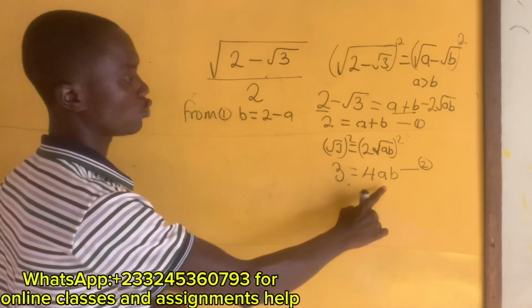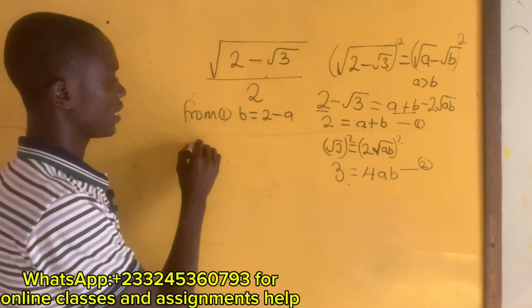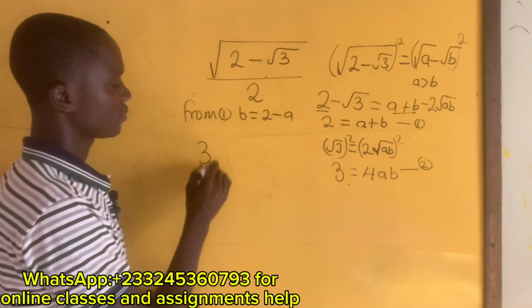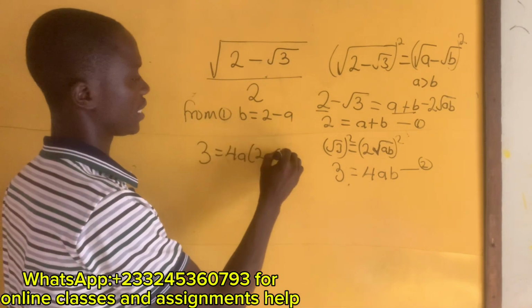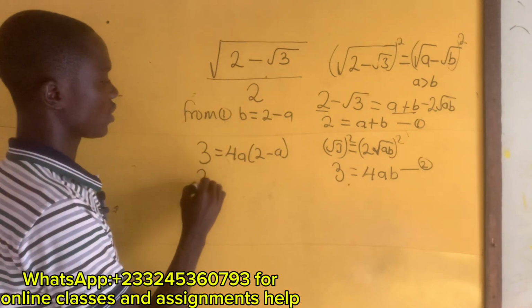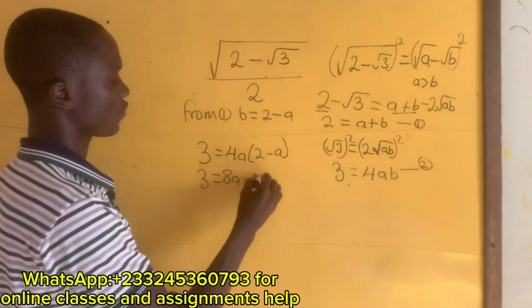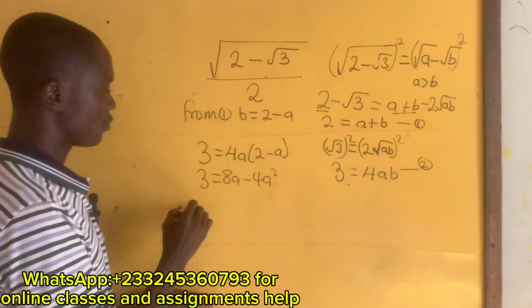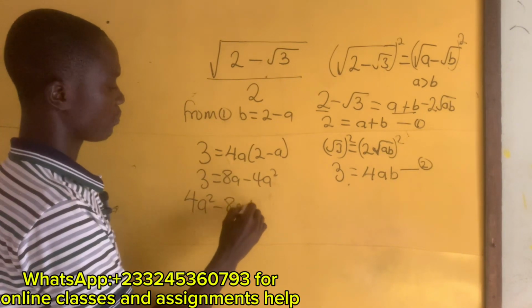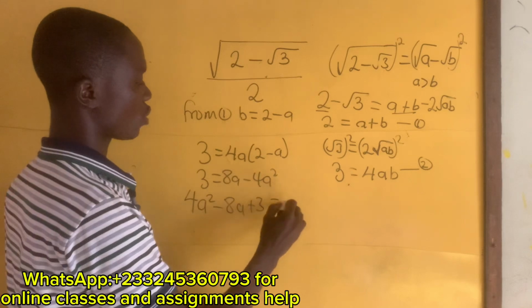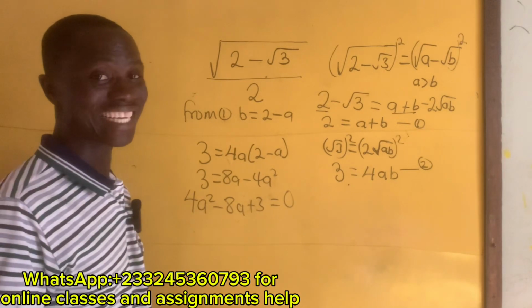So we're going to put this into equation 2. So we get 3 equals 4a times 2 minus a, which is going to give us 3 equals 8a minus 4a squared. Then we group to get 4a squared minus 8a plus 3 equals 0, which is quadratic in a.